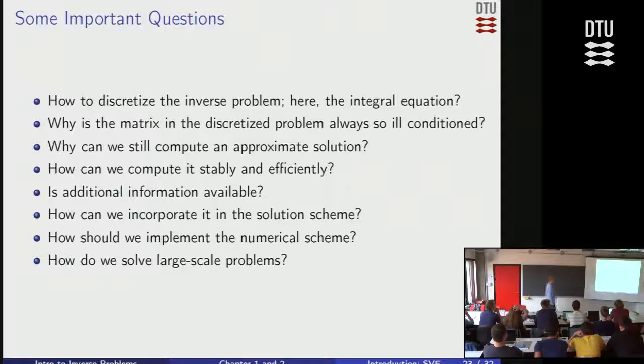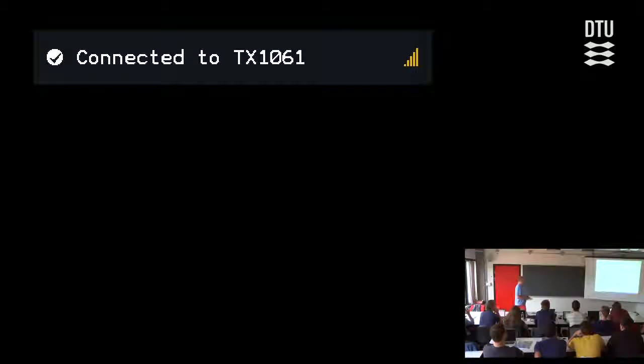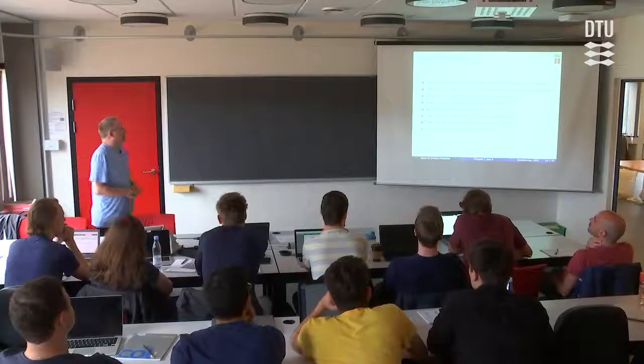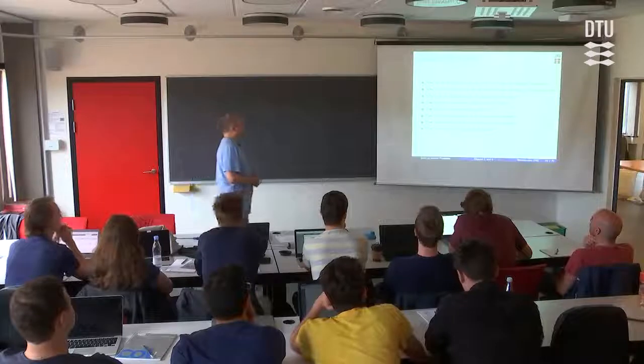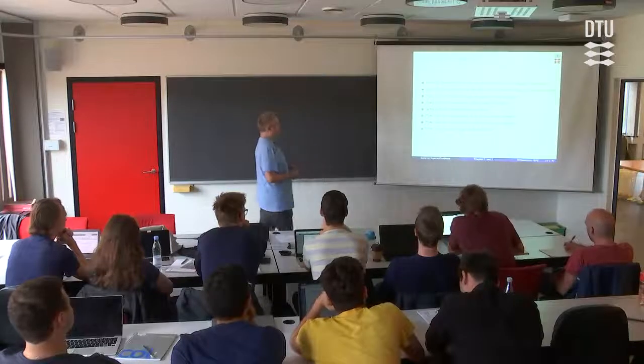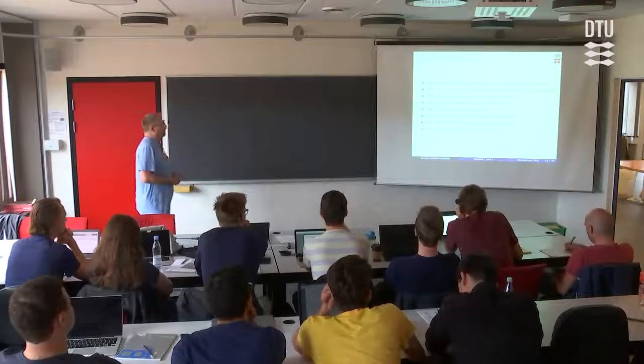And then I've said several times that the matrix you obtain is an ill-conditioned matrix. It's always ill-conditioned. It's not because we did something wrong in the discretization. It has to be ill-conditioned. But why is that? And how come that we can still somehow compute an approximate solution? Why is that?